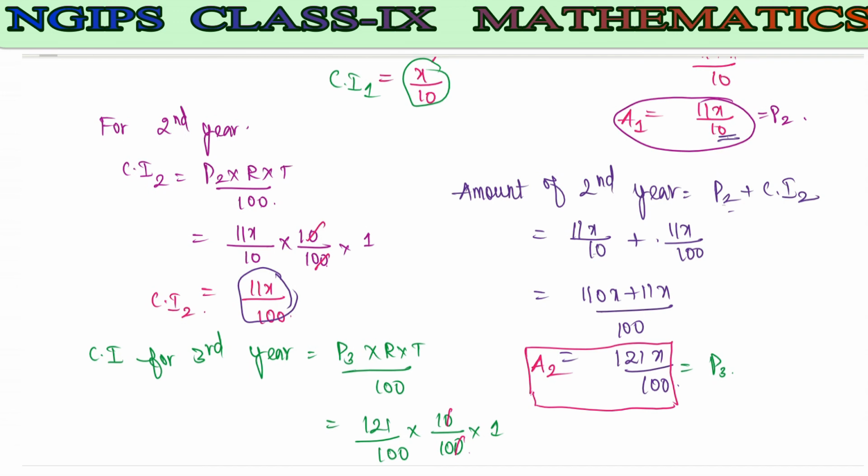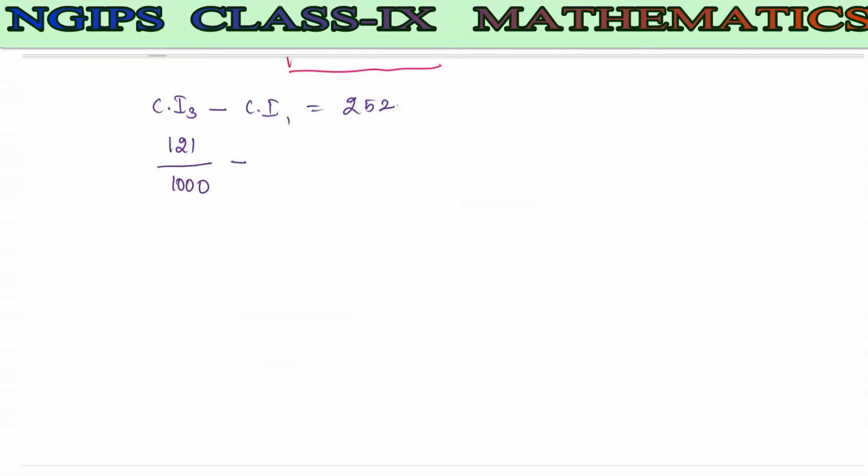Remember carefully, the compound interest for the first year is x divided by 10. So 121x divided by 1000 minus x divided by 10 is equal to 252 rupees.